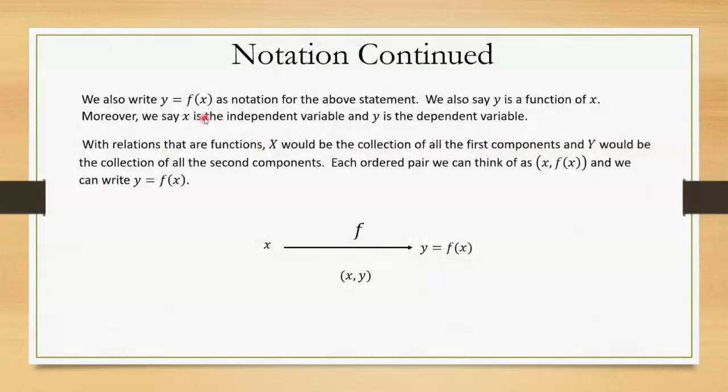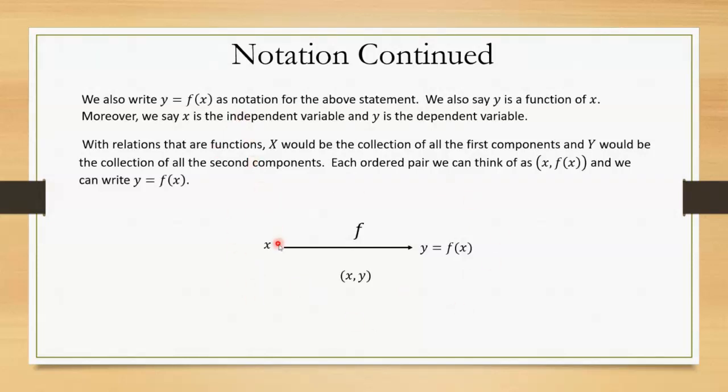Another way of saying that in terms of this f notation is this: x comma f of x. So every ordered pair you could think of as being like this, where f is the function. In fact, we also have this. This is something else people like to write.